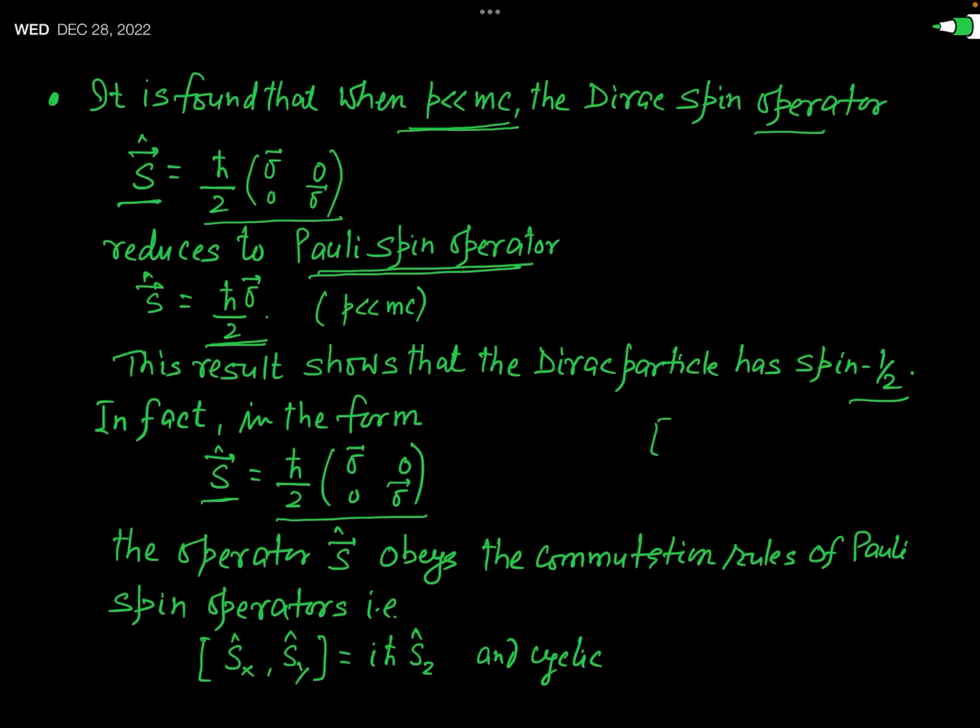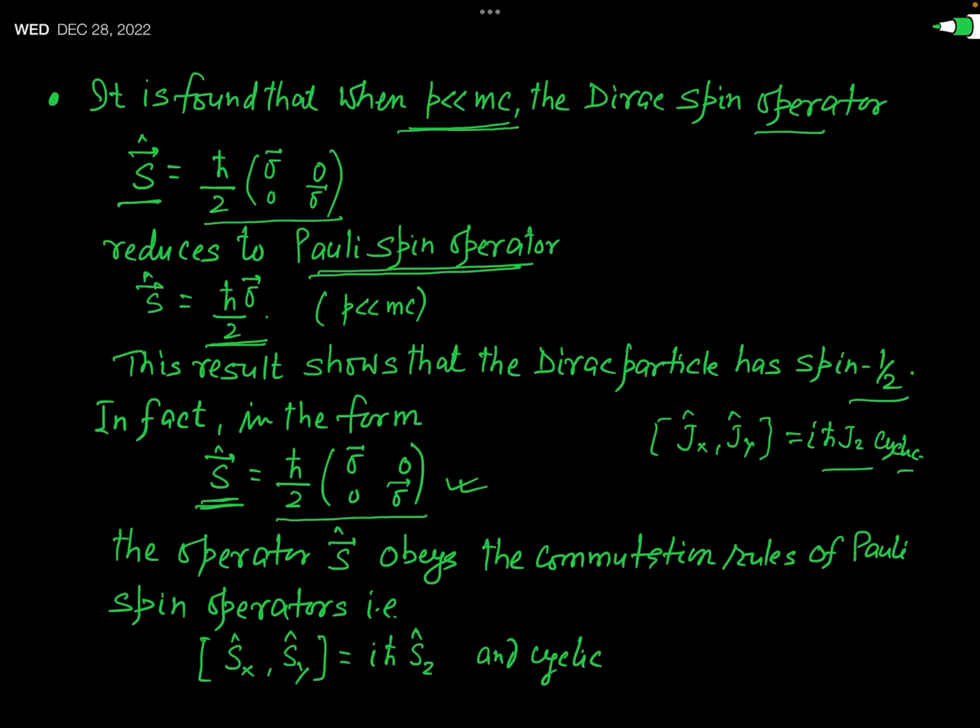You know that the commutator of Jx hat and Jy hat is equal to i h bar Jz, and cyclic. You studied these in my previous videos on angular momentum. You can write the other three relations on this basis. The same commutation relations are obeyed by this operator when we define it via this equation.